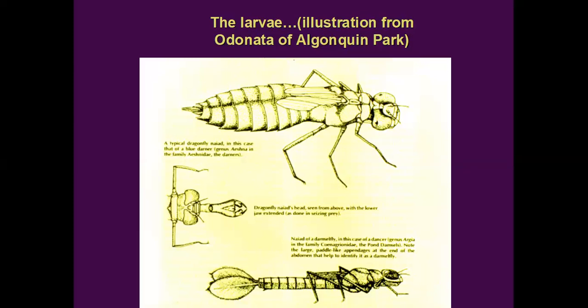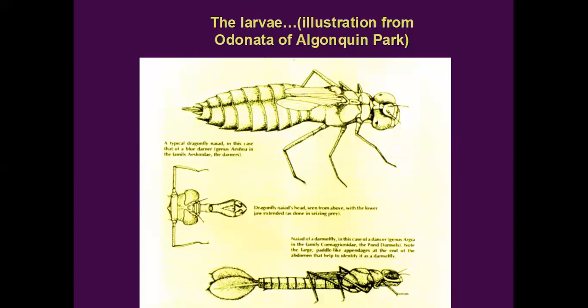And the image you see in the middle between the two larvae there is actually showing the extendable lower mandible of both dragonflies and damselflies. They basically hunt with that. It's spring-loaded, and they can deploy it extremely quickly and catch prey with that lower mandible.